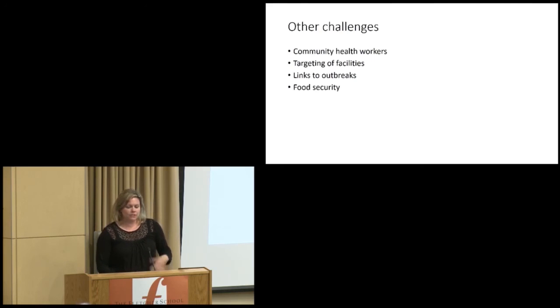Just to mention some of the challenges that I haven't mentioned already, some of the challenges specific to addressing nutritional needs in emergencies: this reliance on community health workers. Every context that I cover where there is some type of emergency nutrition response is very much dependent on a network of community health workers.